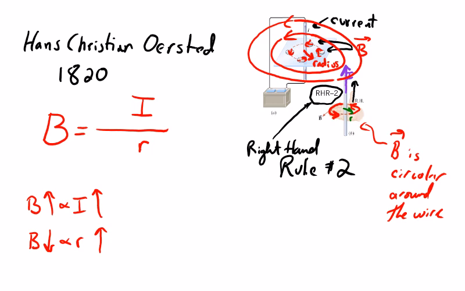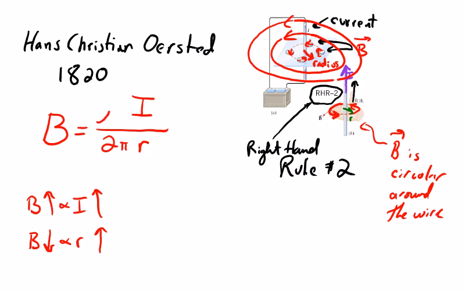But since these are circles, what kind of displacement are we talking about with a circle? We're talking about a circumference. So actually on the bottom, it's not just r, it's actually 2 pi r. So we're actually dealing with the entire circumference on the bottom. The last thing is this is not actually going to give us the correct units for everything. So the last thing we need on here is some constant of proportionality.